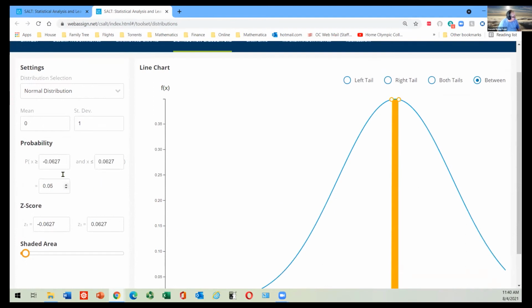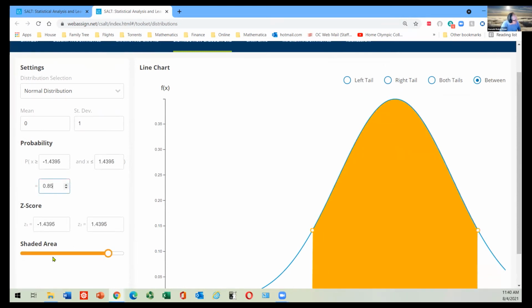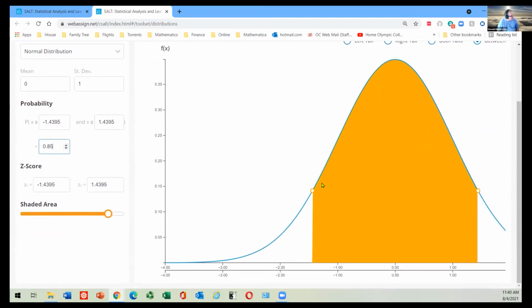Then you go over here and you put 0.85, because that's what I want. Now, if I scroll down a little bit, you see the picture from there to there, the middle 85. Can you see the number I want? It's here.